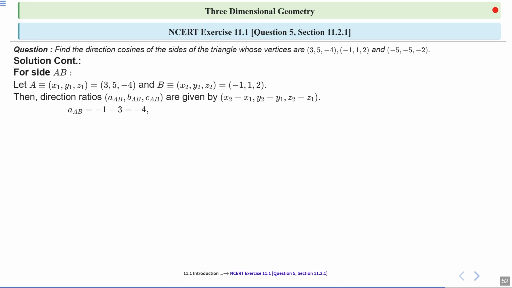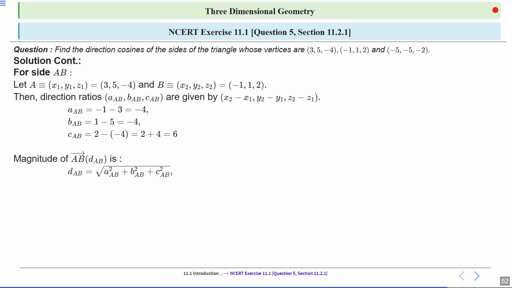So AAB equals minus 1 minus 3 equals minus 4. BAB equals 1 minus 5 equals minus 4. CAB equals 2 minus of minus 4 equals 2 plus 4 equals 6. Now the magnitude of vector AB is DAB equals square root of AAB square plus BAB square plus CAB square. Now let's expand the squares.